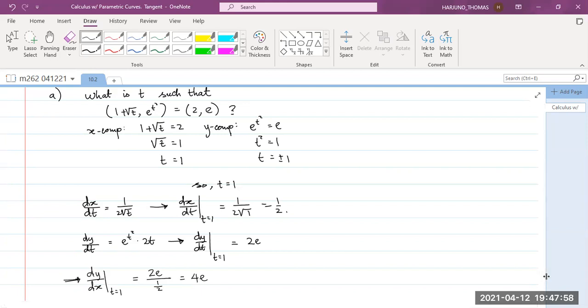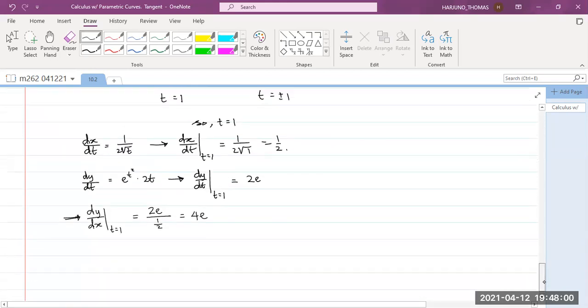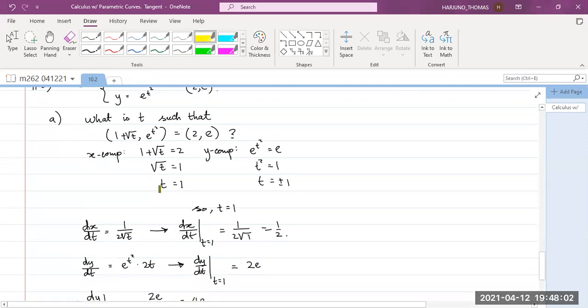Now then, we have the equation. The reason I need to find the t is so that I can use that in my derivative. But the coordinate itself is already found, 2, e.